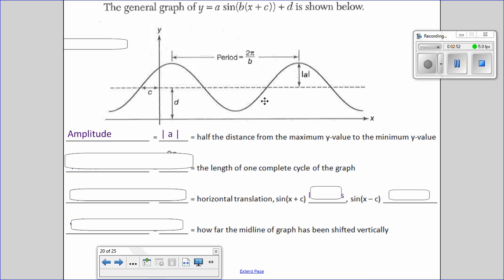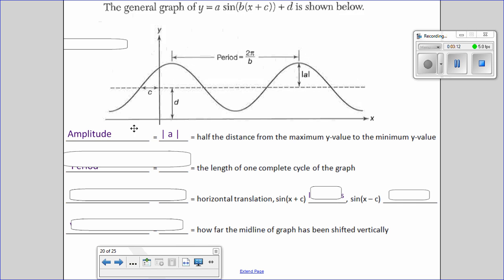And as you can see, a is half the distance from the maximum y value to the minimum y value. You could also represent that by drawing the midline here and then counting how many units up to the very top, the maximum value, or counting how many units to the lowest value, the minimum value.